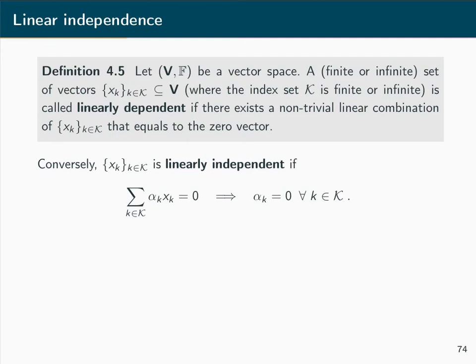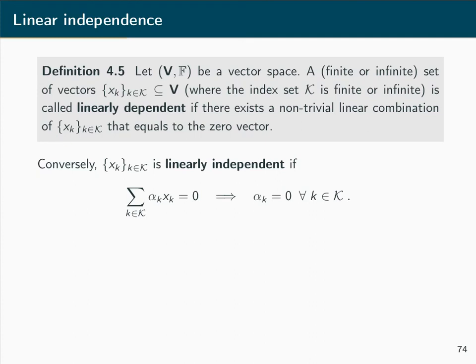And then this set of vectors is called linearly dependent if there exists a non-trivial linear combination, finite or infinite, of these vectors that equals 0.